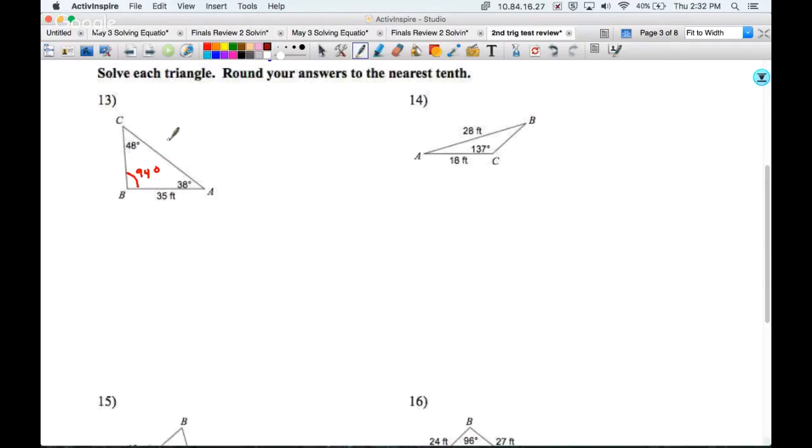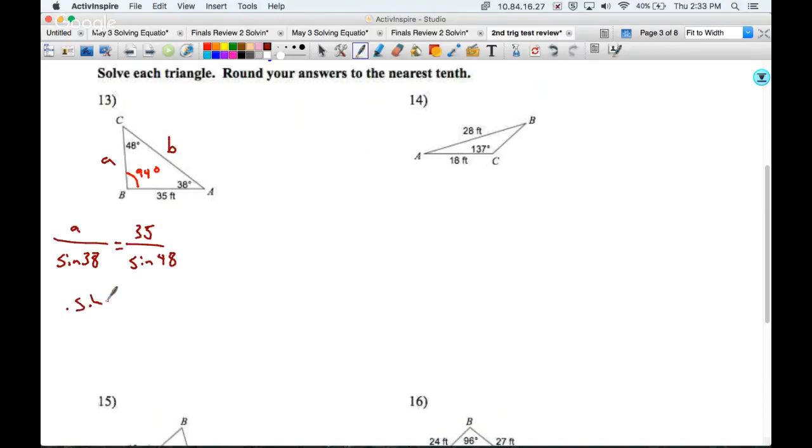I'm solving for a side length. I'll label this little b, little a. So I'm going to put those on top. Little a divided by the sine of 38 should be equal to, and then I use side length C and angle C because I know both of those. So 35 divided by sine of 48.